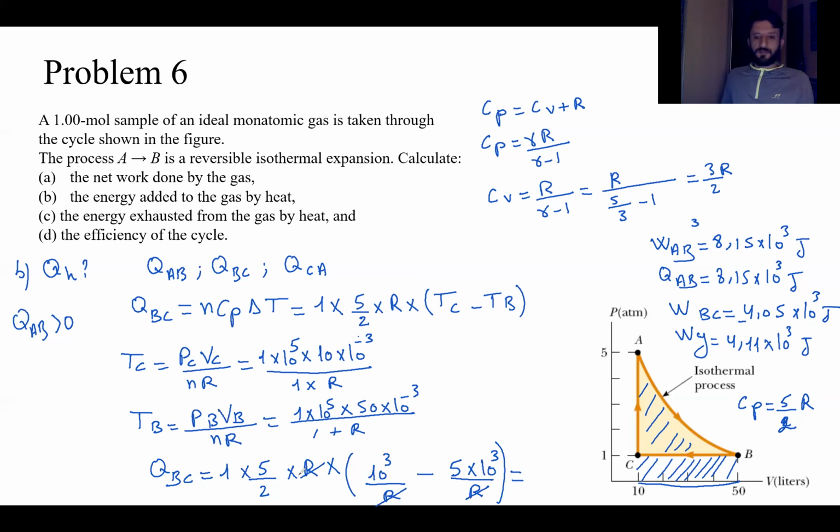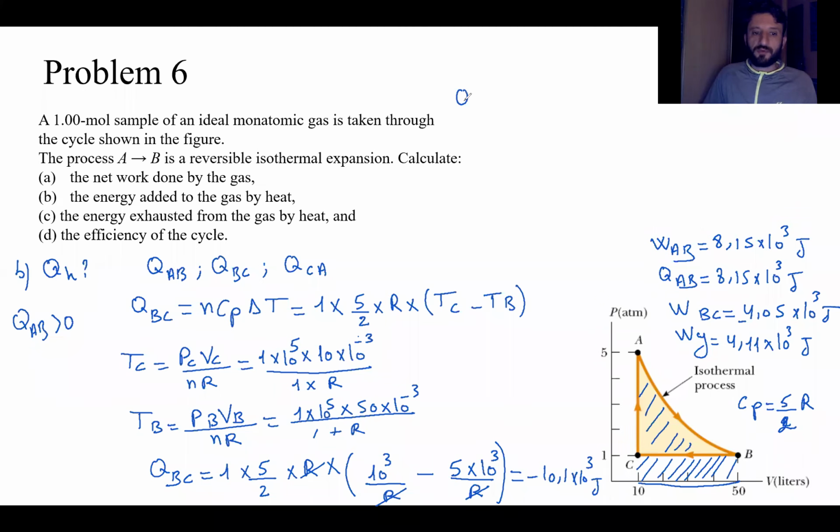We get finally the value of QBC equals minus 10.1 times 10 power 3 joule. This is QBC. It's a negative value. So let me write here its value.